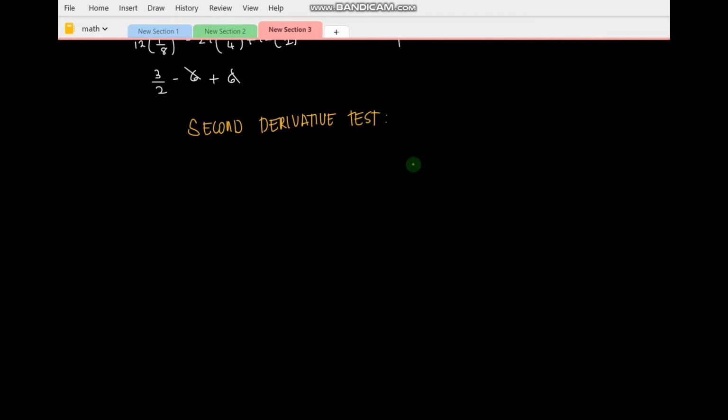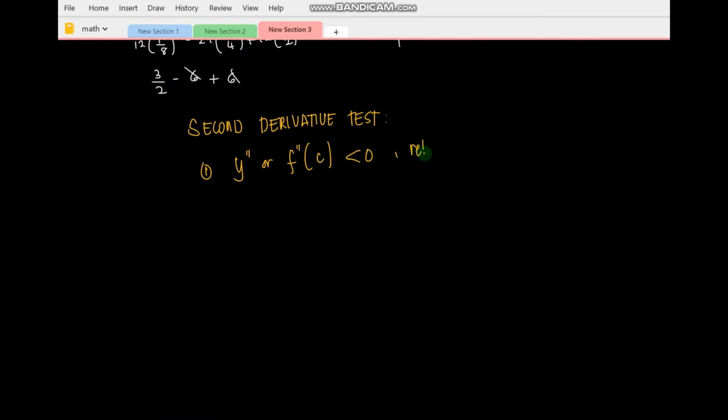So, simple lang naman yung second derivative test. We still consider the critical number c. So, we need to find the second derivative. So, y double prime, or we say f double prime, we replace x by c, and the result is less than 0.